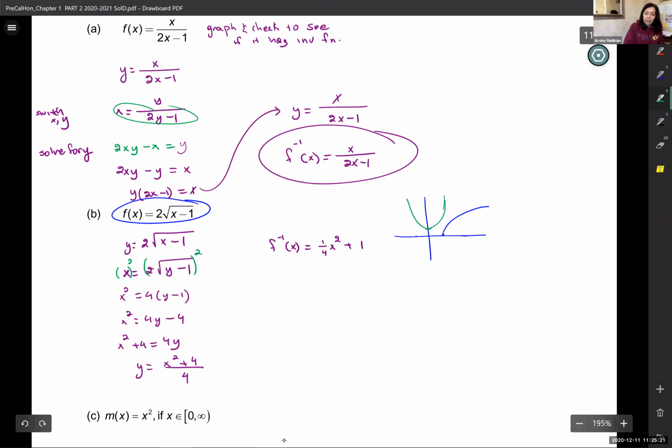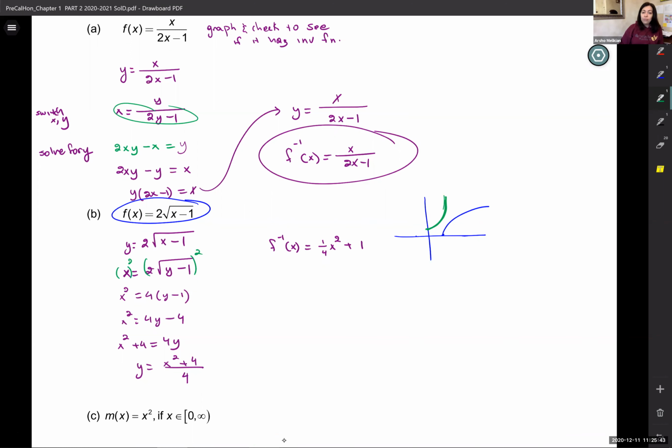Is that green the inverse of the blue? It's not, right? What's different? The blue only has one side, whereas the green has two. So what would be the correct inverse? It would just be that part of it, correct?